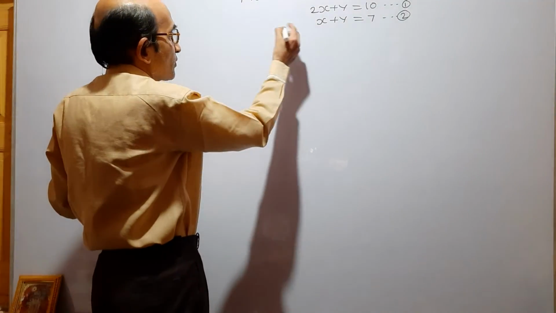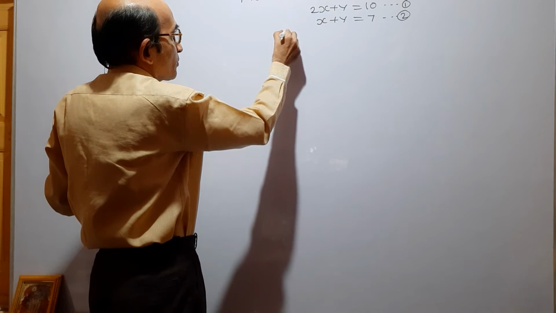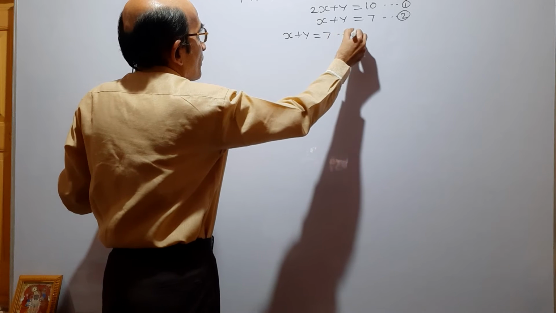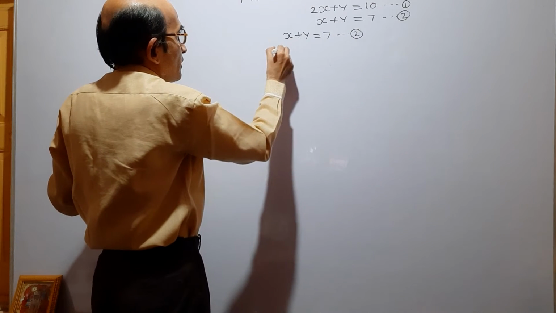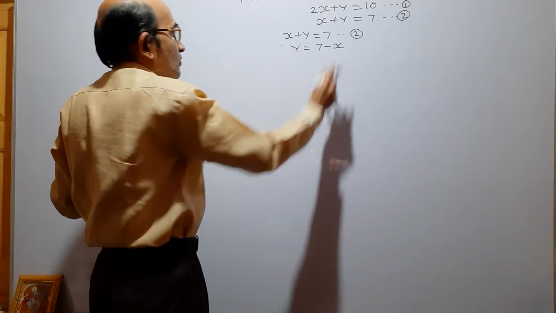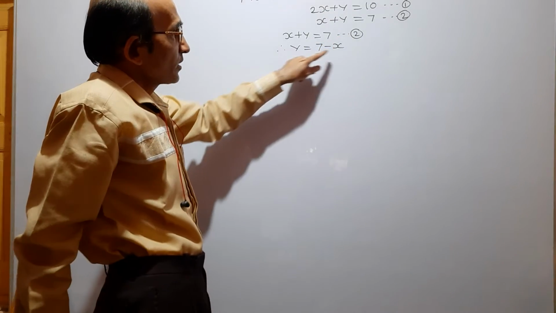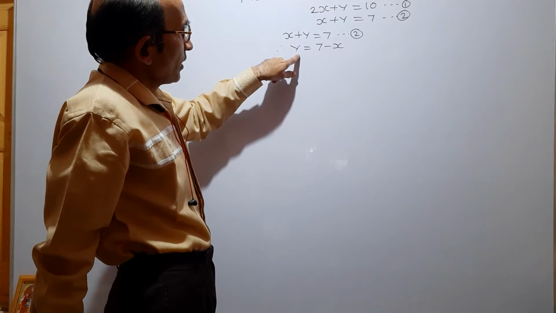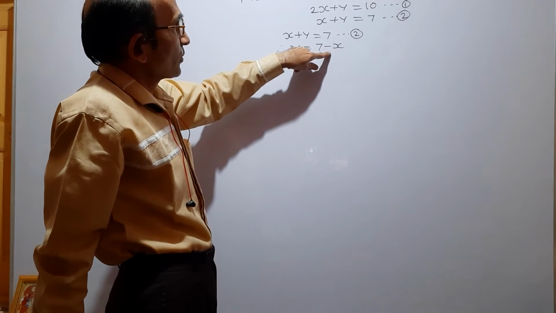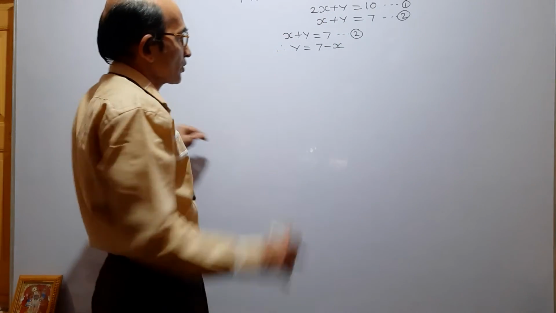Suppose we consider the second equation, x plus y equal to 7. Therefore y equal to 7 minus x. We have taken y in terms of x. This value of y we have taken from the second equation. We substitute it in the first equation.